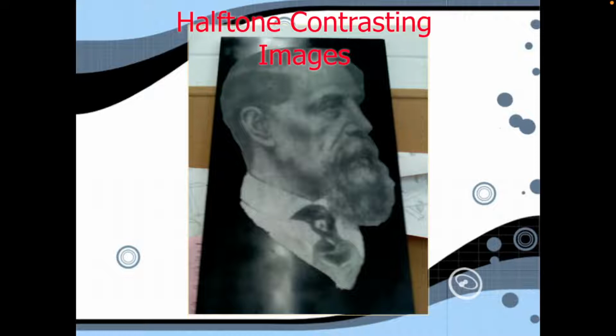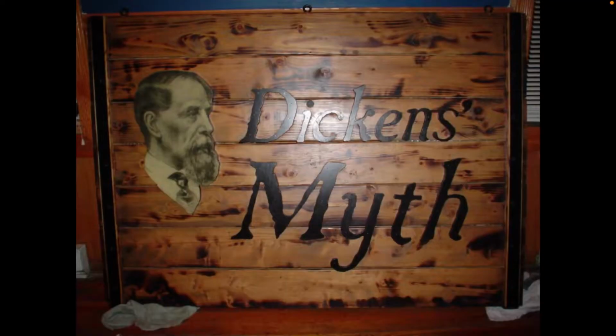So when we reversed it, it turned all the blacks to whites and the whites to blacks, and gave you this reversed image, so that when we engraved, it would remove the black and reveal the color white underneath. That was Charles Dickens' head.